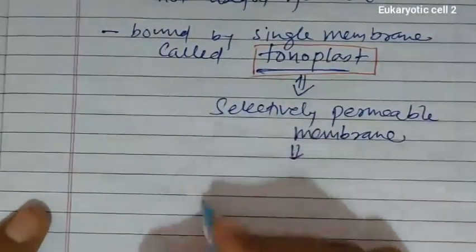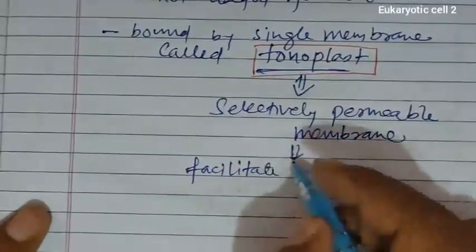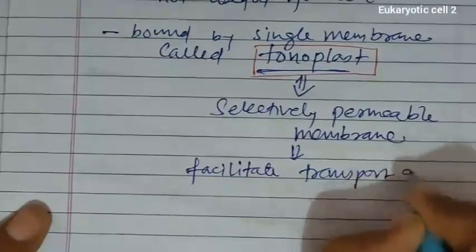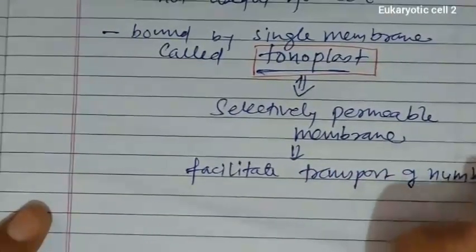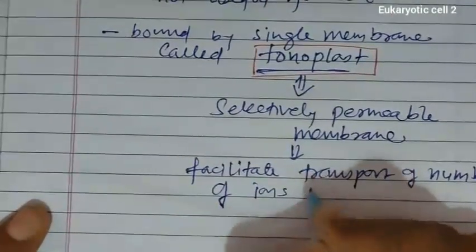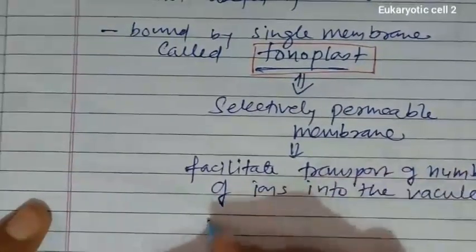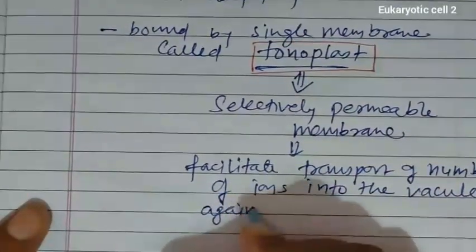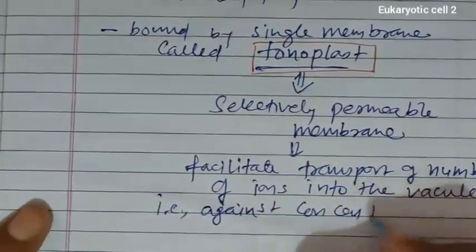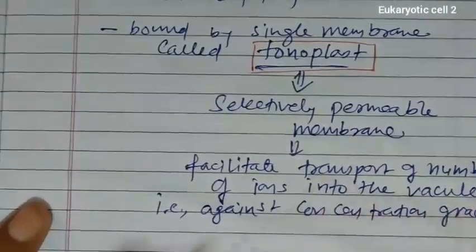Okay, and this tonoplast facilitates transport of a number of ions into the vacuole against the concentration gradient.